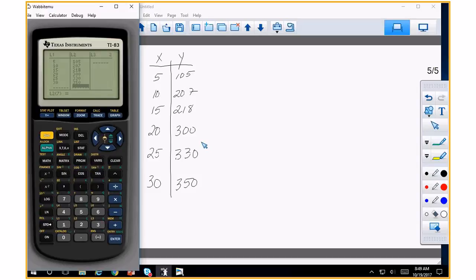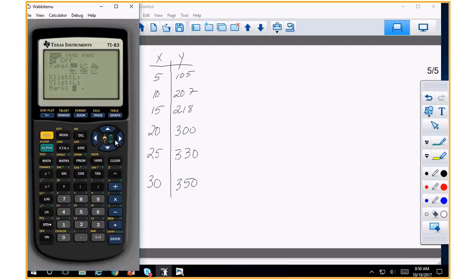Now, if you want to look at the graph, you hit second, stat plot, and then you click on enter, and then you turn it on by hitting enter with on, and then you do a scatter plot. You can do whichever one you want, but I'm going to pick the scatter plot, which is a bunch of dots. And it's already defaulted to L1 and L2.